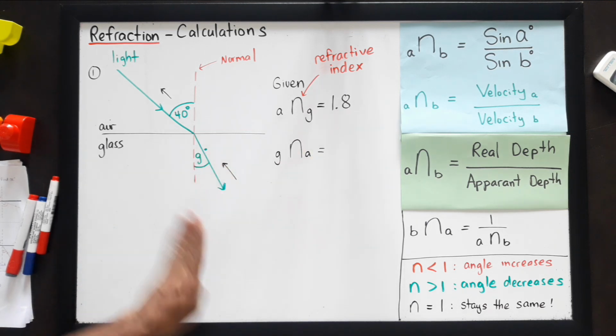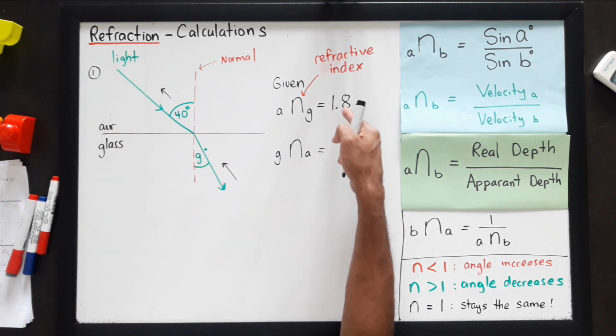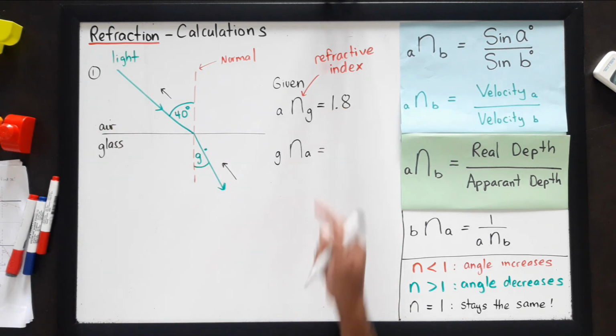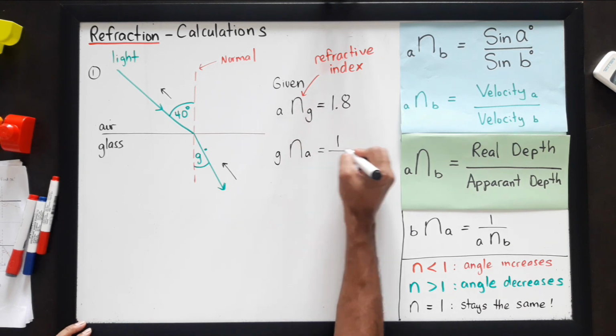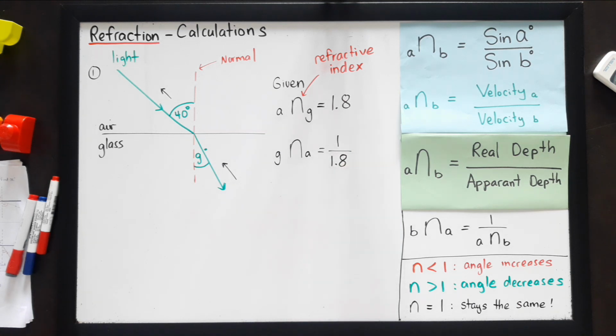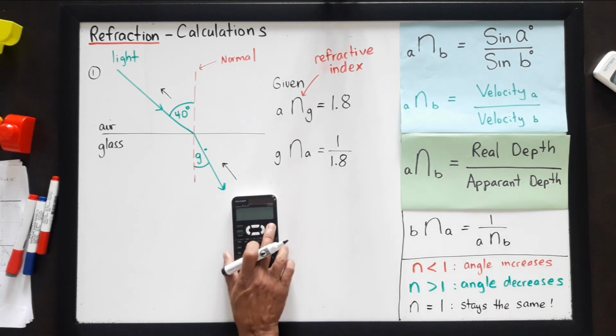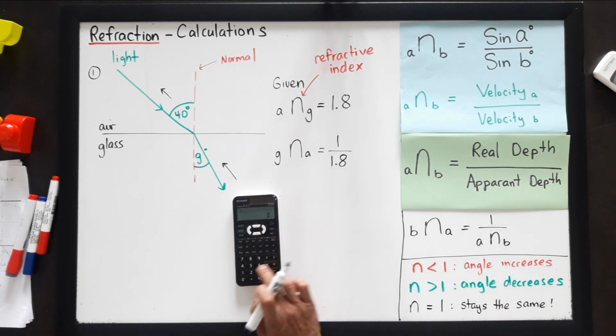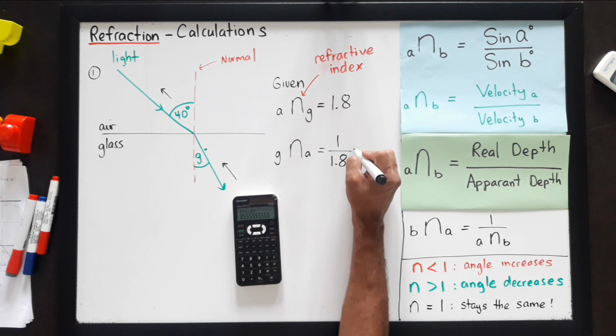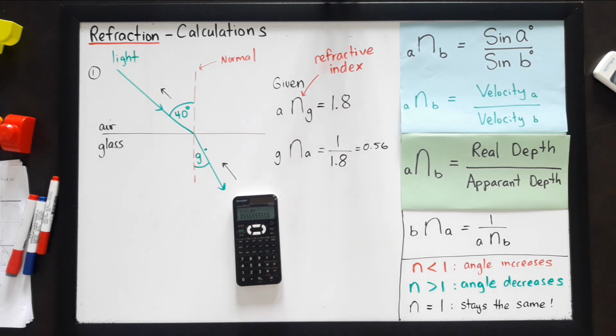Whenever you are trying to find the refractive index in the opposite direction, you have to flip the refractive index of the original one. So in other words, the refractive index from glass to air will be 1 divided by 1.8. Of course, you can reduce it to a decimal if you wish. 1 divided by 1.8, and this will give us 0.56.